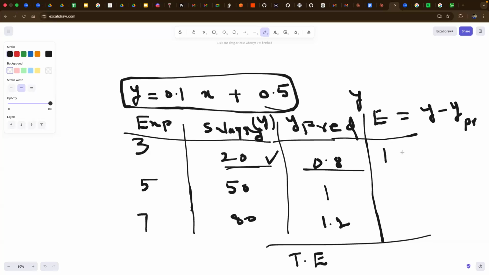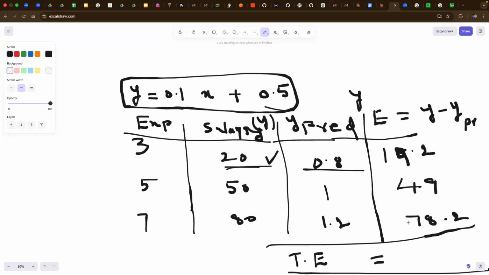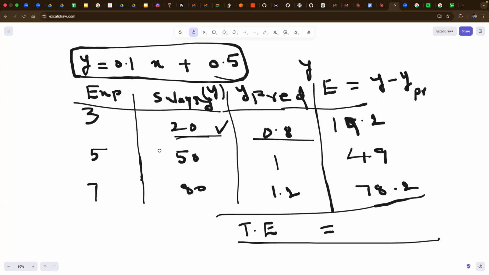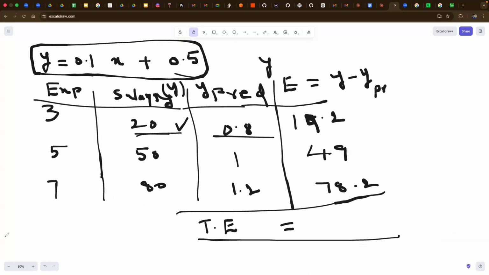So 20 minus 0.8, that is 18.2, or 19.2, sorry. And 50 minus 1, it is 49. And 80 minus 1.2, it is 78.2. So this total we will calculate here. Total error is equal to what? And then once we have this, what do we do?